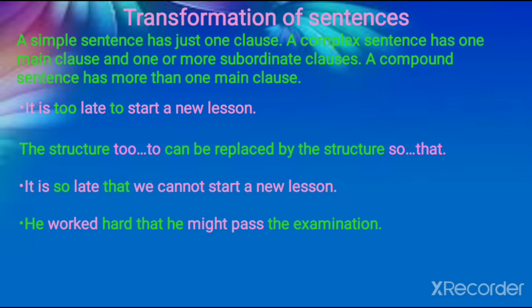Another example. He worked hard that he might pass the examination. The given sentence is an example of a complex sentence. It has one main clause, that is, he worked hard, and one subordinate clause of purpose, that is, that he might pass the examination.